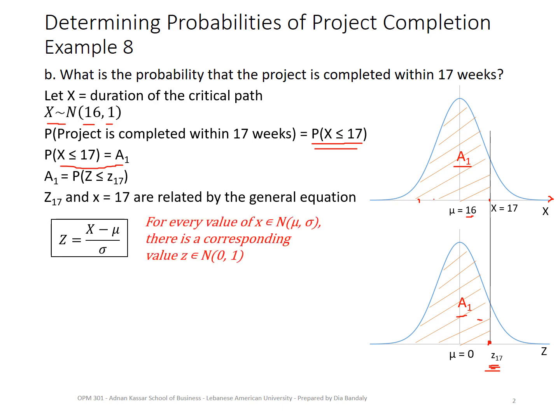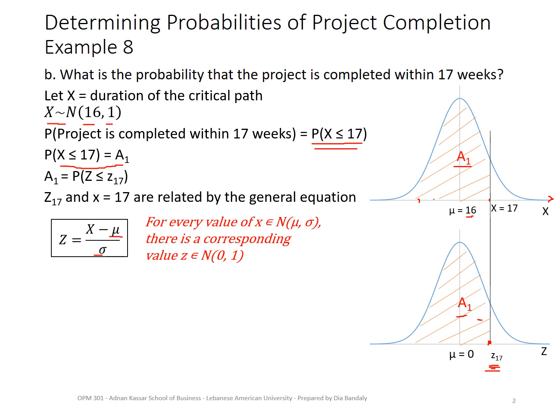For every value of x that belongs to a normal distribution with a mean of mu and standard deviation of sigma, I can find its corresponding z value, where z is the unit variable that has a normal distribution. The mean and the standard deviation of my variable x, I use them here in the conversion equation.